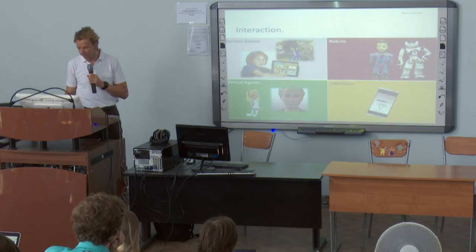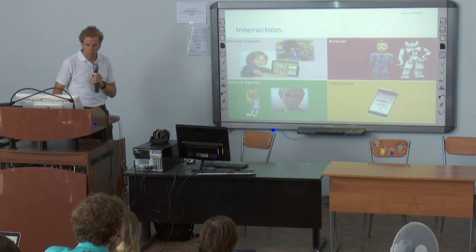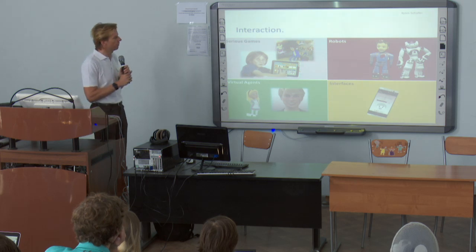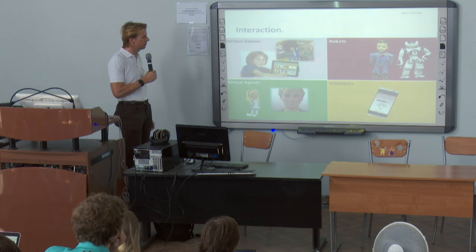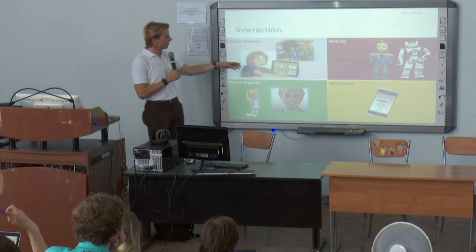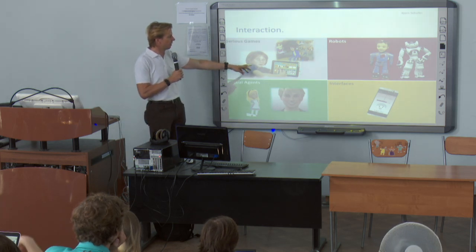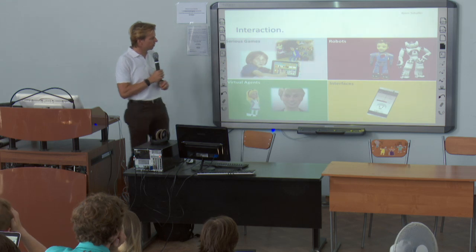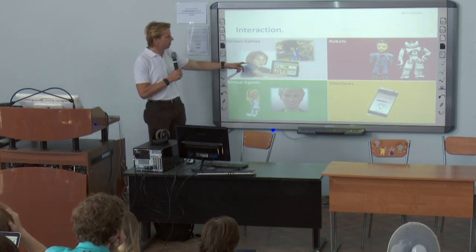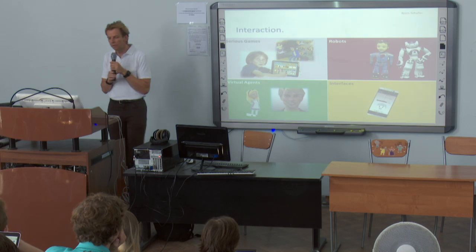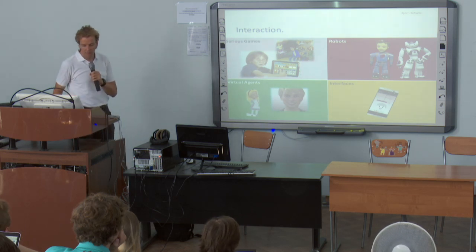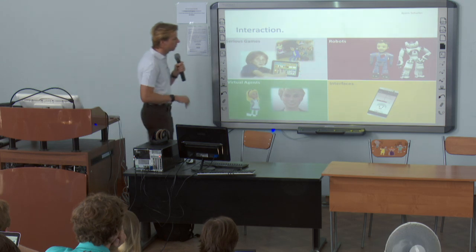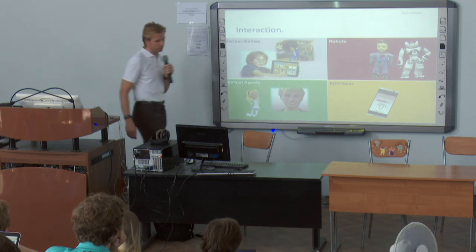So what we use to communicate with the user is serious games, robots, virtual agents and interfaces, and of course also the interaction is very multimodal. Here, for example, this was a game to teach autistic children about emotion. You had body gestures, facial gestures and voice, so highly multimodal. Similarly with the robot and the virtual agent, the interface is maybe more conservative with touch and speech.